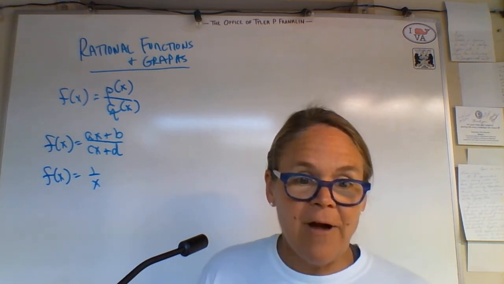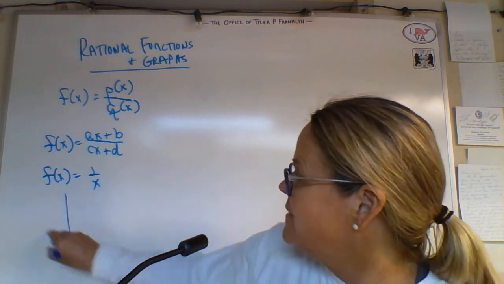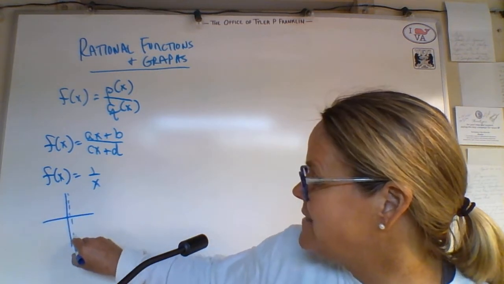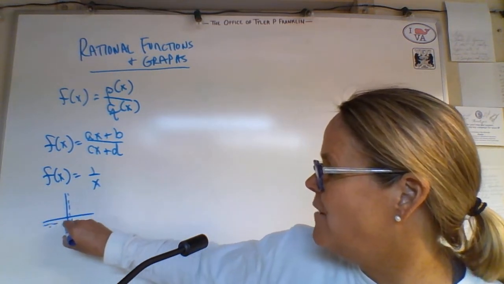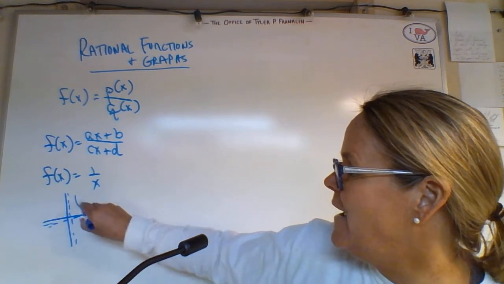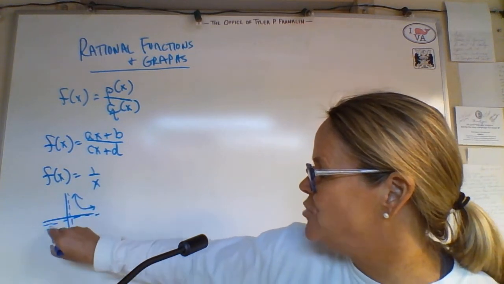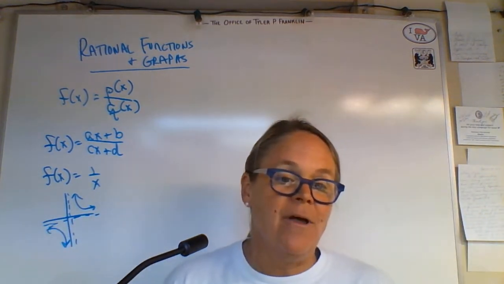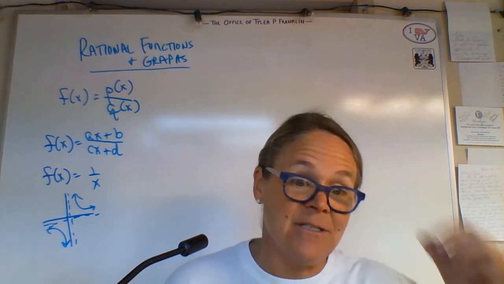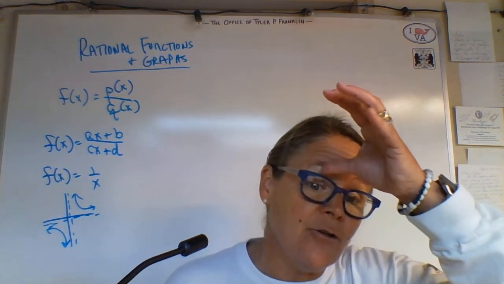And 1 over x graphs as having a horizontal asymptote, a vertical asymptote, and these two branches. So it's not continuous, it's a broken graph.